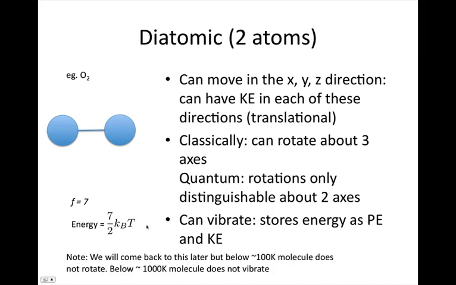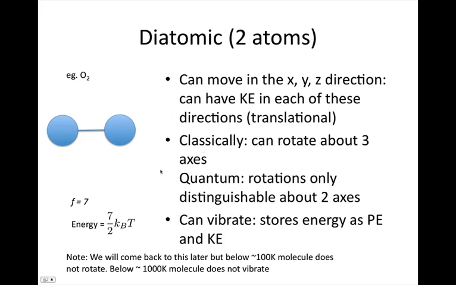Now, it's important to note that at low temperatures, the molecule doesn't actually have enough energy to start rotating or vibrating. So below around about 100 kelvins, the molecule actually only has 3 degrees of freedom, just the translational degrees of freedom. Above 100 kelvins and below 1000 kelvins, it has enough energy to rotate, but not to vibrate.